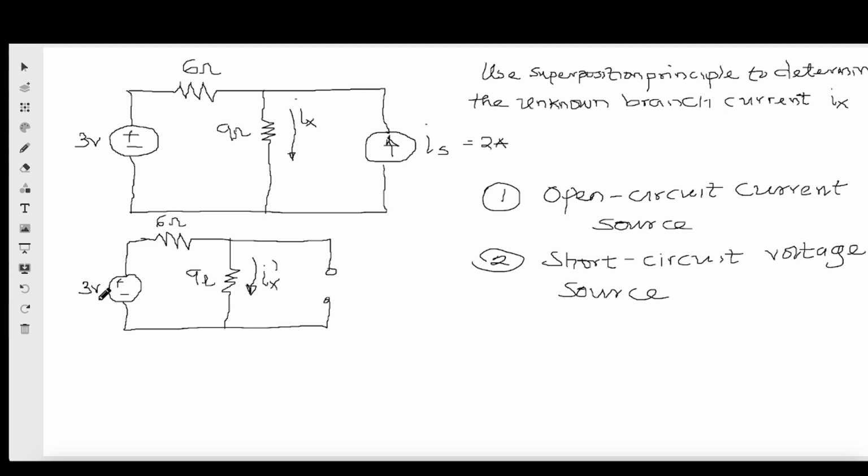So right now this voltage source is acting alone, just like the principle of superposition says. So this is the first circuit. The second circuit is when we now short circuit the voltage source, right? We want to make the current source stand alone, therefore you have to short circuit the voltage source. So right now these are our two circuits, then this is 2 amperes.